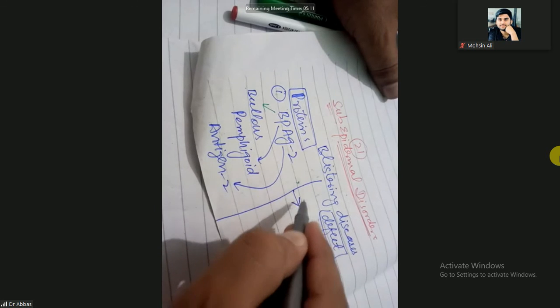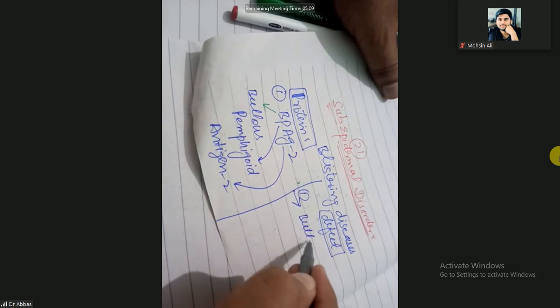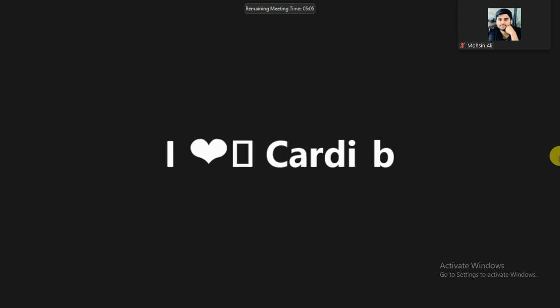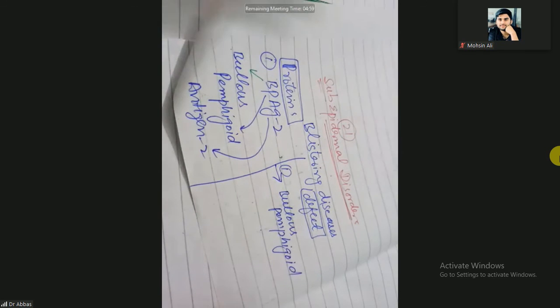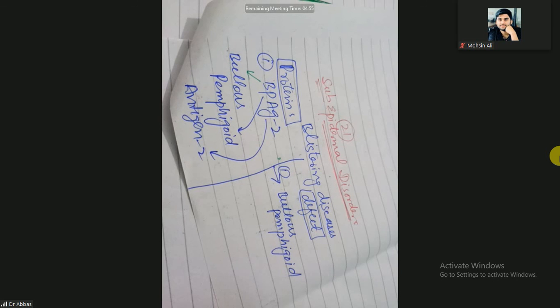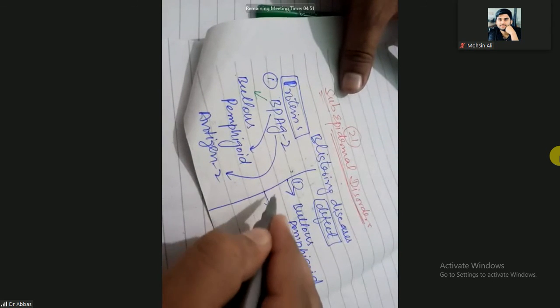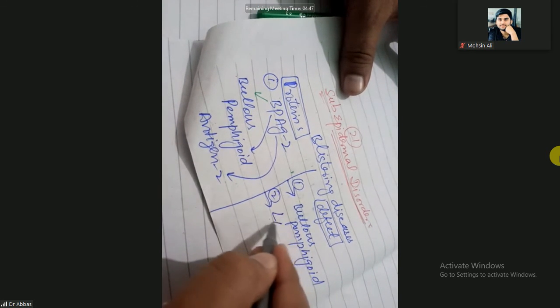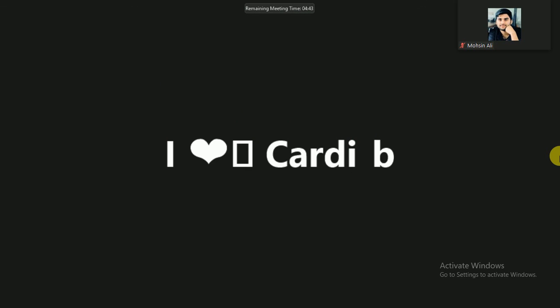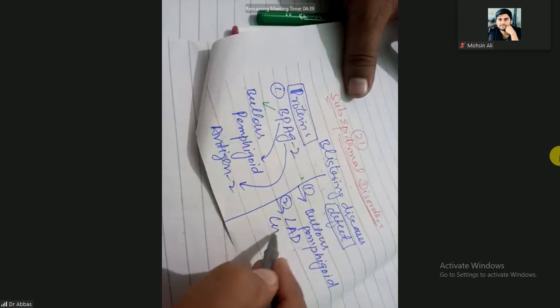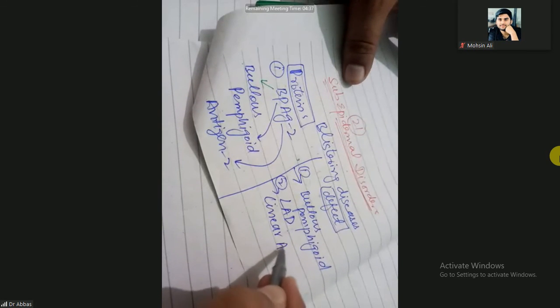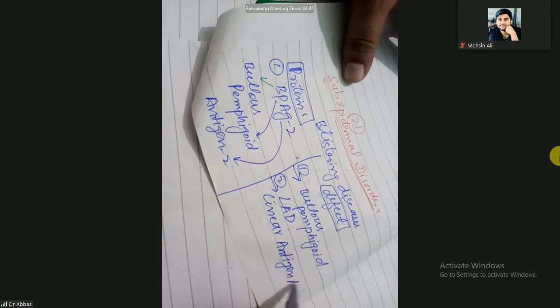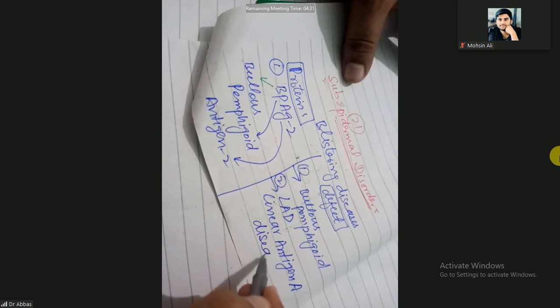The names of the diseases are, first one, bullous pemphigoid, the genetic disorder due to the defect in the BPAG2. Second disease is LAD, linear IgA disease.